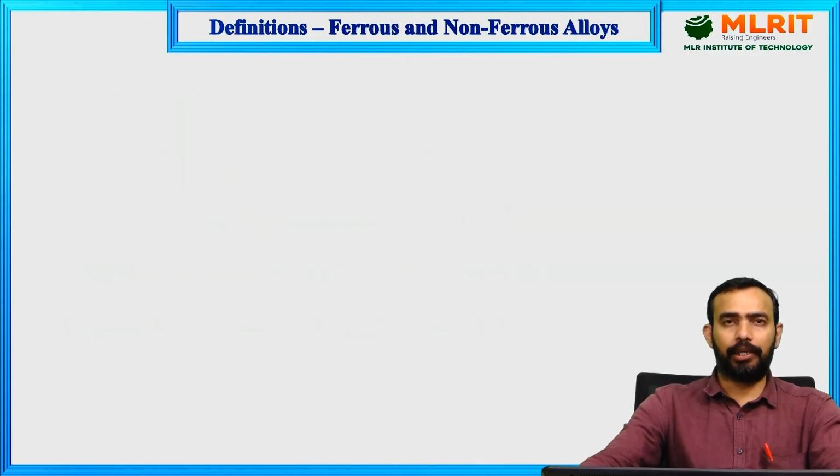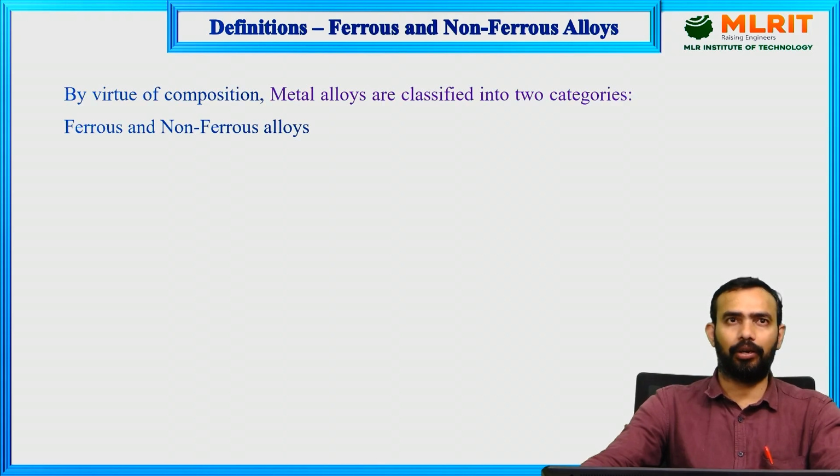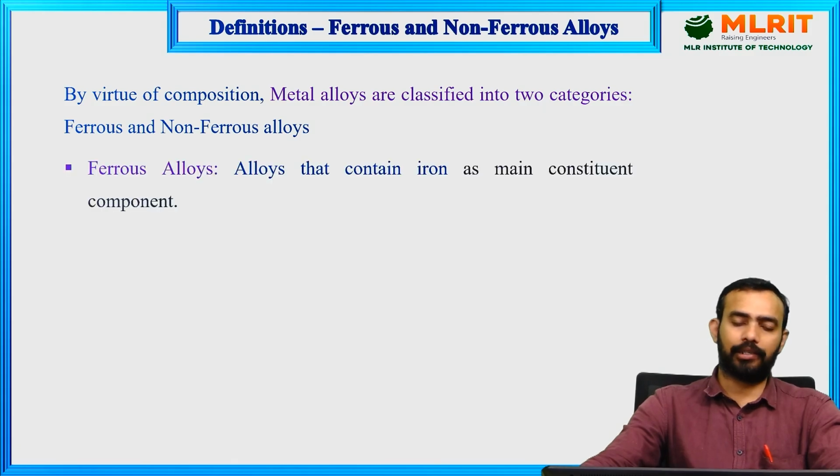So let us define these two materials, ferrous alloys and non-ferrous alloys. By virtue of composition, metal alloys are classified into two categories. One is ferrous, the other is non-ferrous alloys. Ferrous alloys are the alloys that contain iron as the main constituent component.